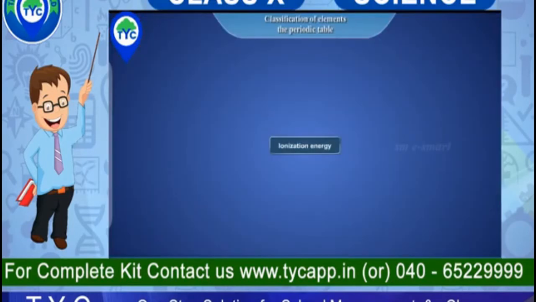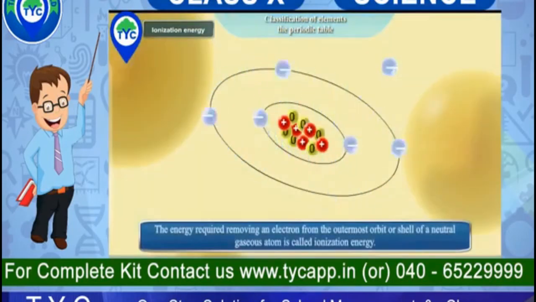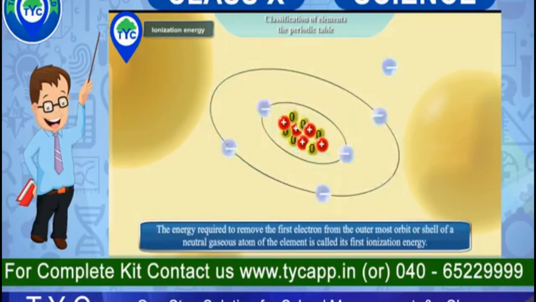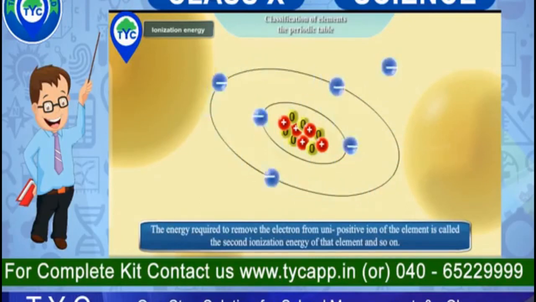Ionization energy. The energy required to remove an electron from the outermost orbit or shell of a neutral gaseous atom is called ionization energy. The energy required to remove the first electron from the outermost shell of a neutral gaseous atom of the element is called its first ionization energy. The energy required to remove the electron from the unipositive ion of the element is called the second ionization energy of that element, and so on.